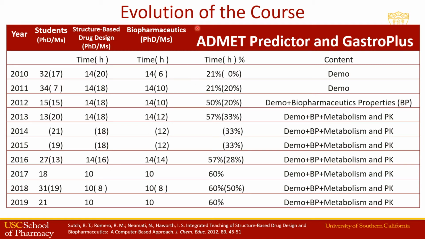For the biopharmaceutical portion of the class, I've also indicated the amount of time. And again, there's less time in the more recent years because we're incorporating other topics. And for the undergraduate summer classes, we've incorporated more and more clinical information into our drug design class.